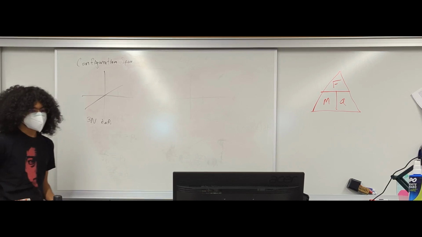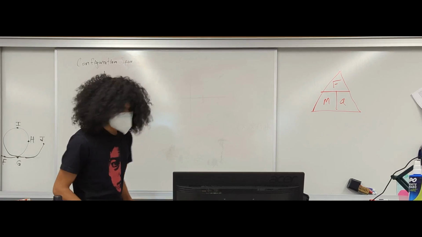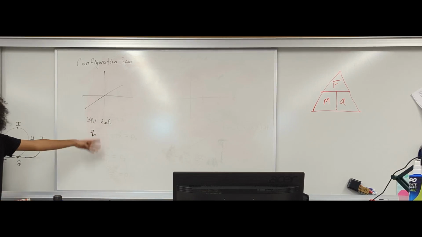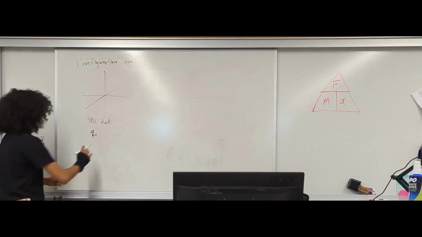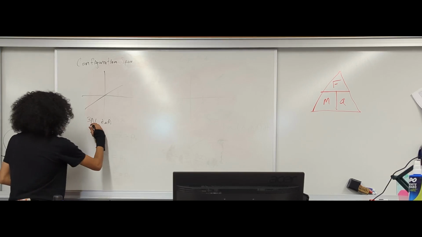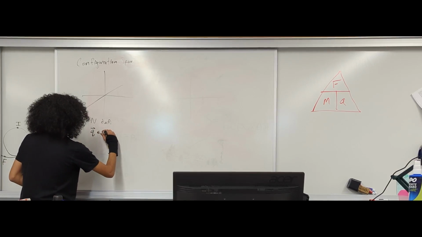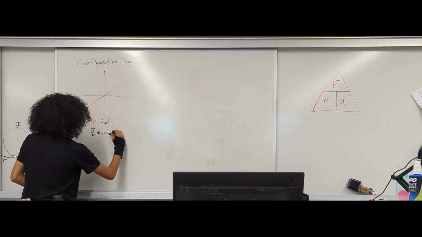Right. So the space that all of these q_i live in, if you take it together as a sort of vector, not necessarily a spatial vector, but more like a list of numbers, then this lives in the configuration space.